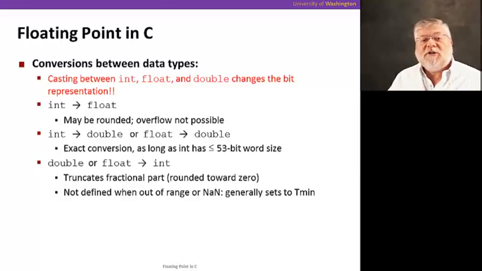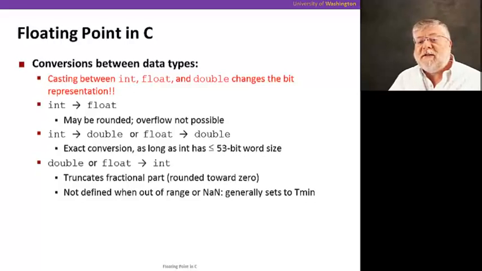In doing conversions of doubles or floats to integers, we have a couple of issues to think about. One is that the fractional part of the floating point number may be truncated, because as we adjust it to take into account the exponent, we may shift it in such a way to lose a few bits. By convention, we're going to always round these values towards 0 as we do the conversion.